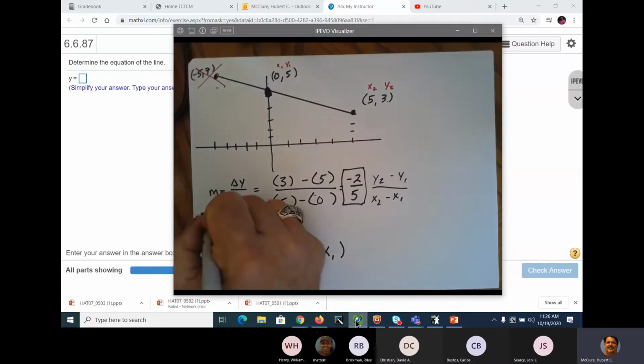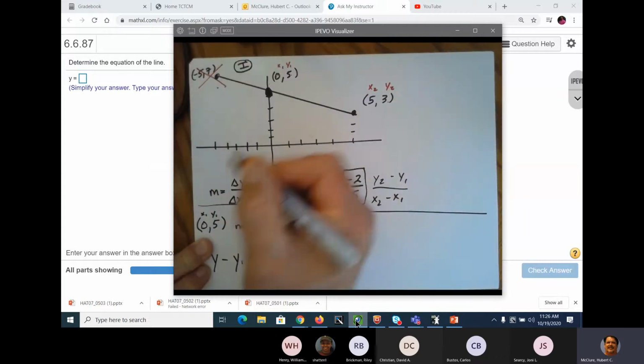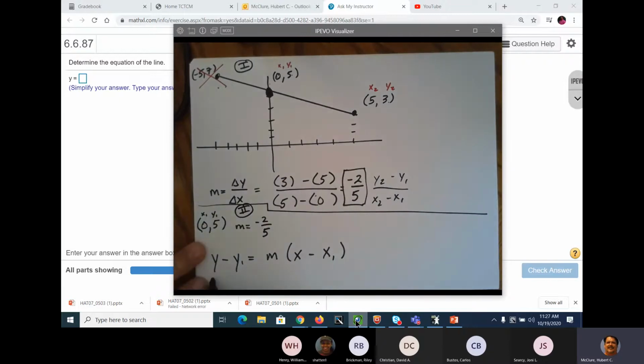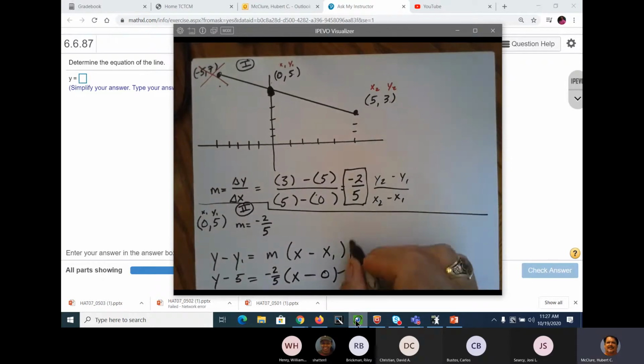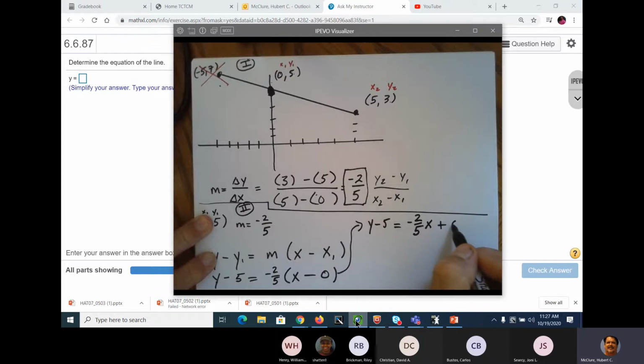So y, this is x sub 1, this is y sub 1. So y minus y sub 1, y minus 5 is equal to negative 2/5 times x minus 0. y minus 5 is equal to negative 2/5 x plus 0. y is equal to negative 2/5 x plus 5.